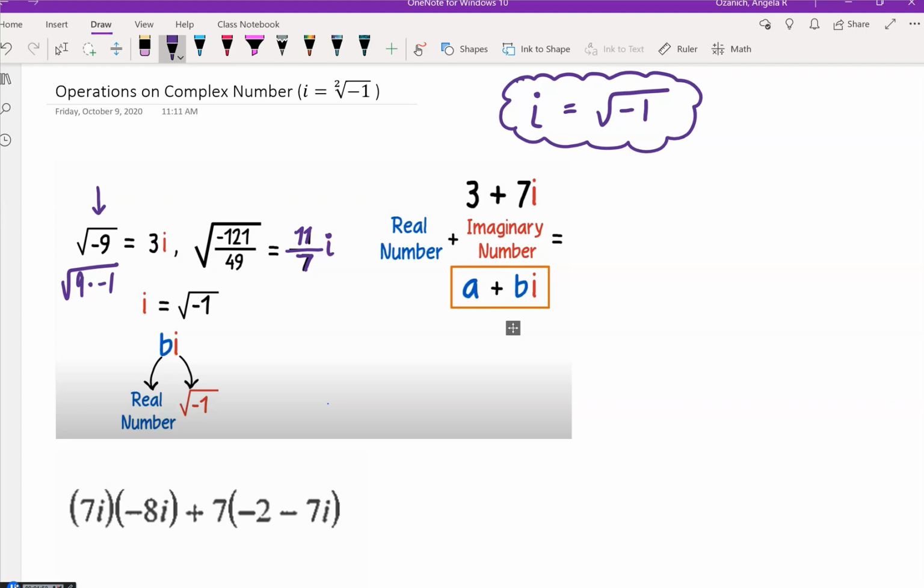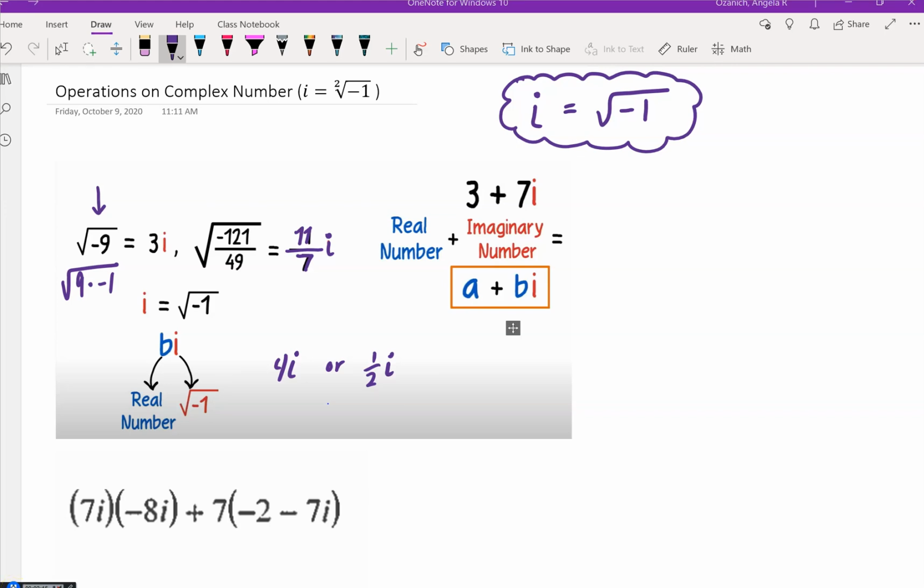So a lot of times you will see the imaginary part of the number not just as the value of i, but something like 4i or some other type of fraction, 1/2 i. Okay, so you know that that is the imaginary part of your number.